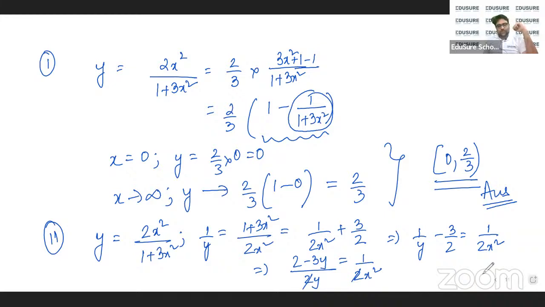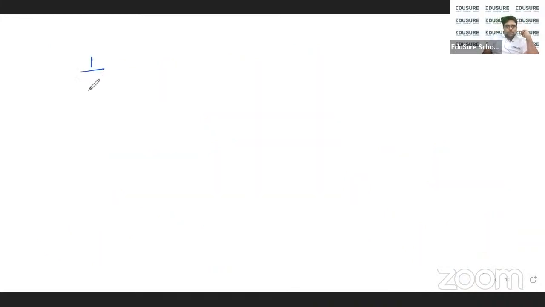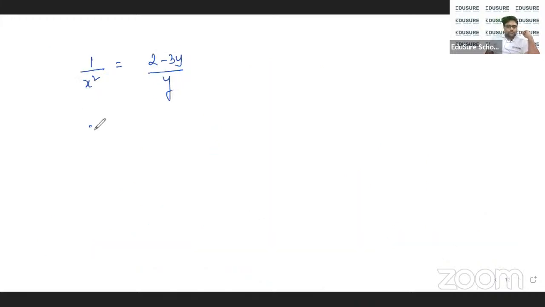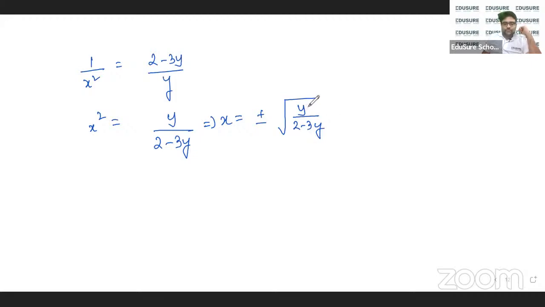1 by x square is equal to 2 minus... x is plus minus root over y by 2 minus 3y. Now, the inside part has to be positive.